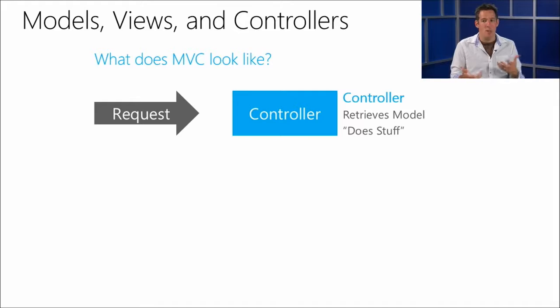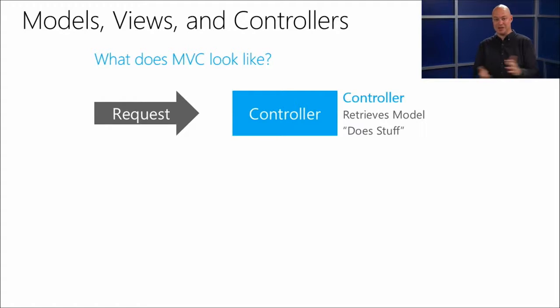But at the end of the day, your controller's a class and you're going to be calling a method. And by the way, my favorite part is right there: the controller retrieves the model and does stuff. Because it's completely open, that controller could be authenticating someone. It could be doing a database lookup.